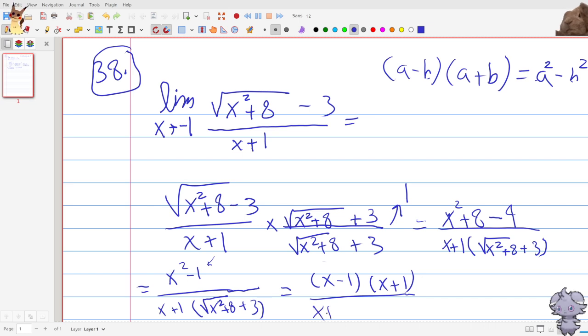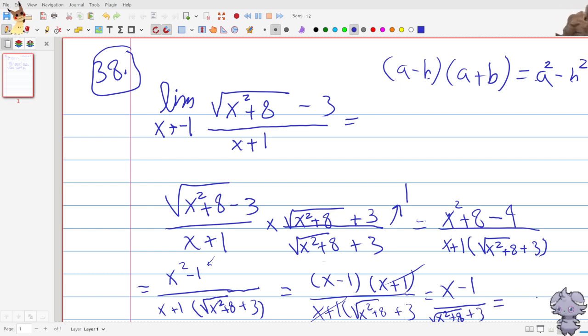Here the x plus 1 is the same, so it cancels out, and all we have is x minus 1 over the square root of x squared plus 8 plus 3.